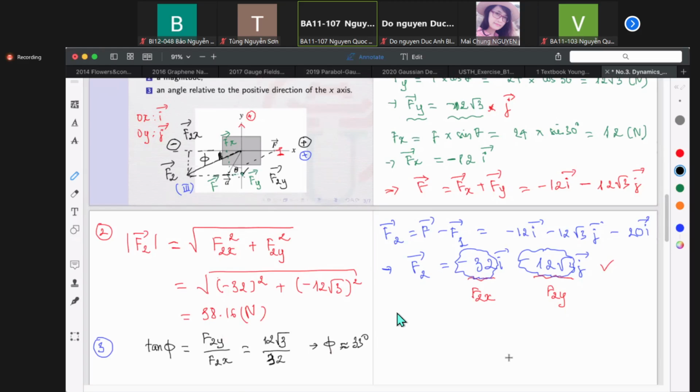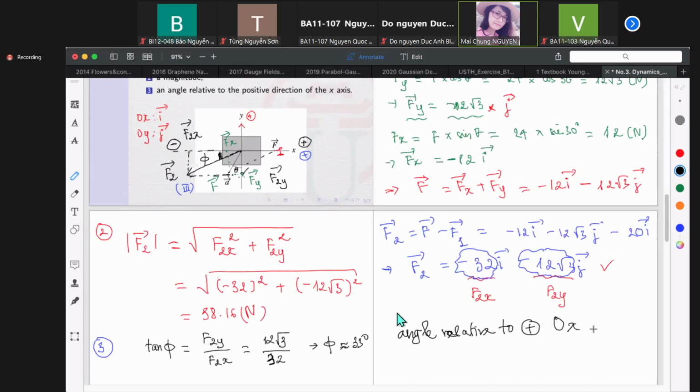The 33 is not correct. The correct answer is... the angle relative to the positive direction.